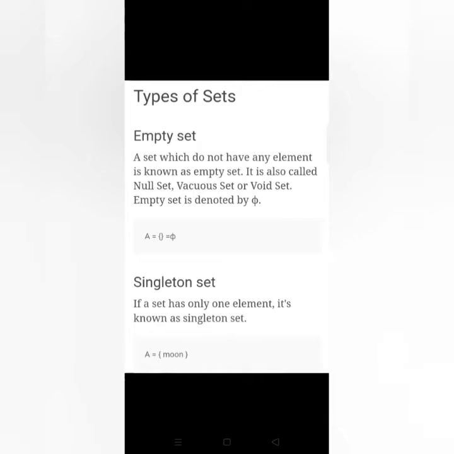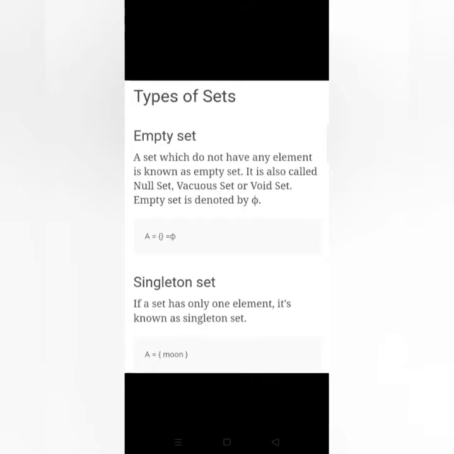In our world, we have only one moon, sun, solar system; these are only one element.